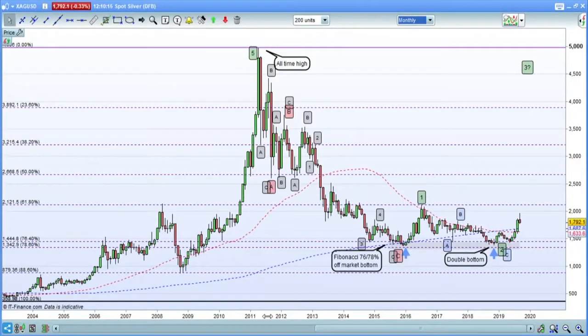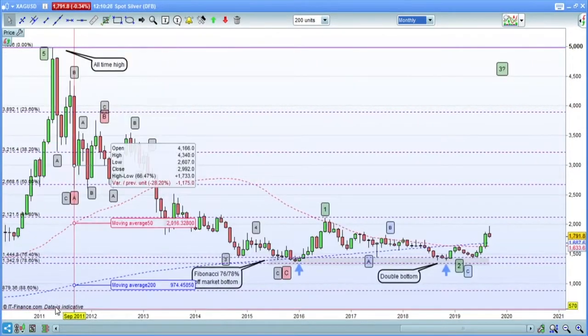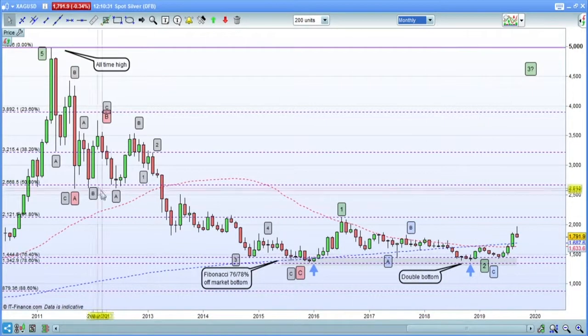Okay, so if we look at silver, what we see is this long rally up to, I'm assuming, a wave 5. It's such a strong wave, and that's the all-time high, so that makes sense. If I zoom in a little bit on the move since then, if you see the reds here, an A, B, C down to the Fibonacci 76-78% zone.